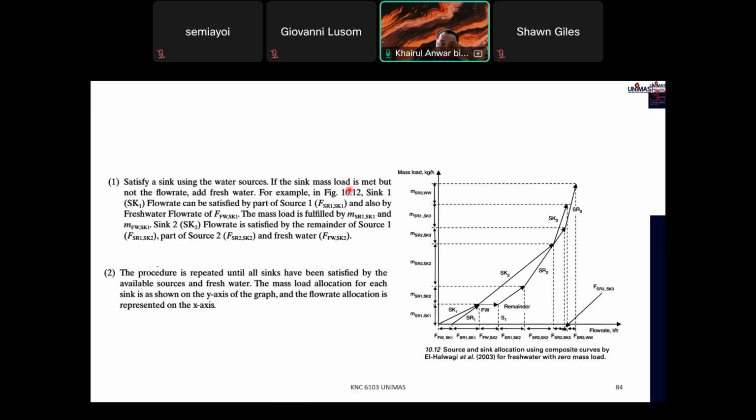If the sink waste load is met but not the flow rate, add fresh water. For example, figure 10.12, sink 1, SK1.